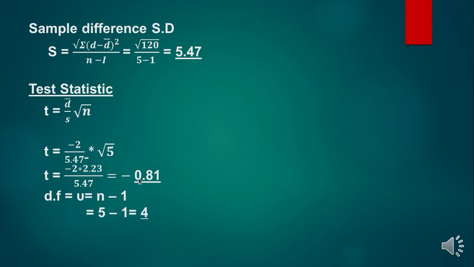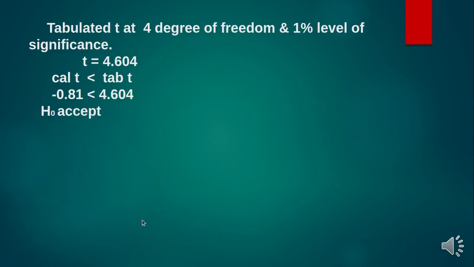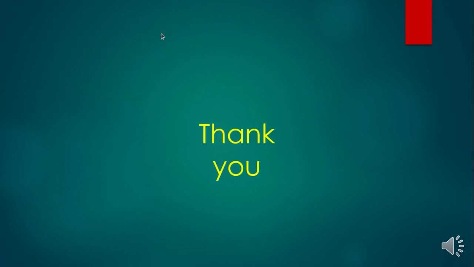Next we calculate the degree of freedom, nu, which is equal to n minus 1. N is the number of candidates, that is 5, minus 1 is equal to 4. Next, the tabulated t at 4 degrees of freedom and the 1% level of significance is given in the data book.